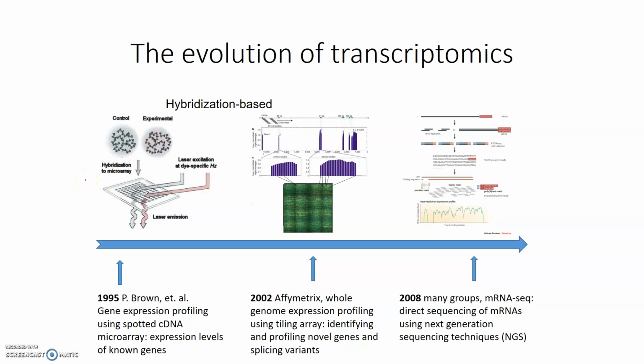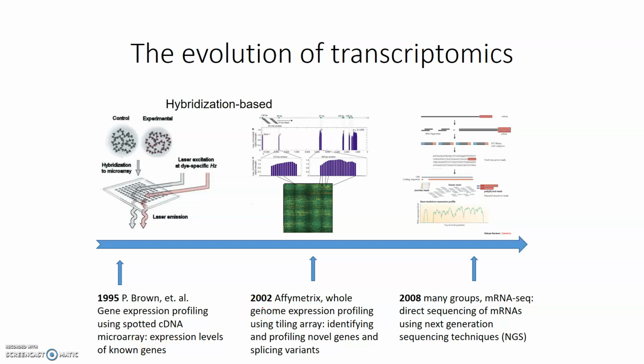As with the case that we saw in DNA sequencing technologies, our technology to evaluate and look at transcripts has also improved from the mid-1990s, when we were first able to look at the expression of a small number of genes using spotted cDNA, being complementary DNA, which we'll go over a bit later.